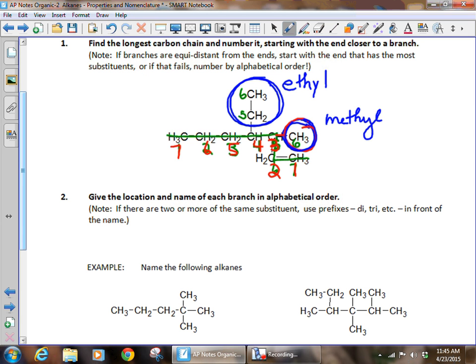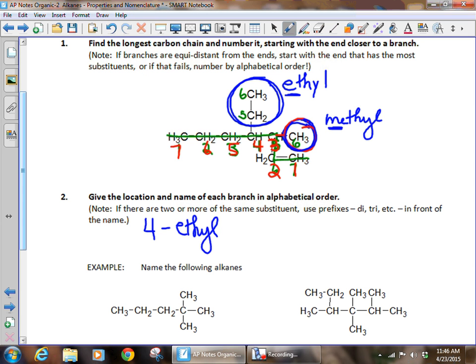So what I would do is write down, and I always do it in alphabetical order. So eth comes before meth. So I'm going to start out telling it where the ethyl group is. So I'm going to start out 4-ethyl. Now I have to tell it where the methyl group is.